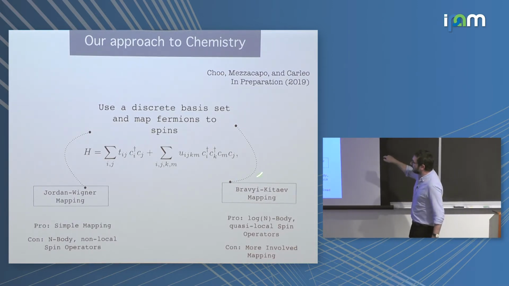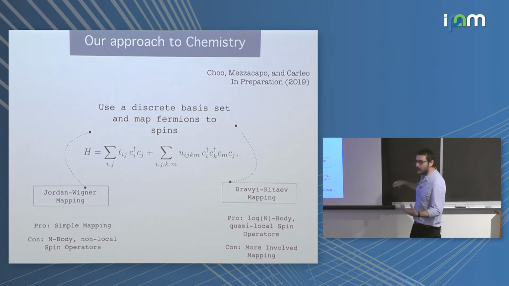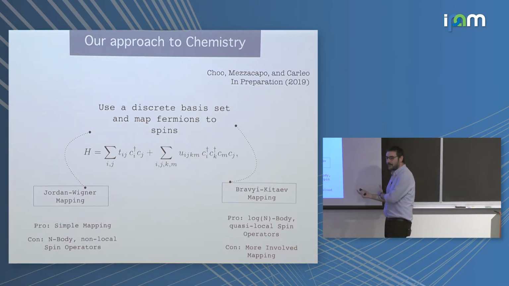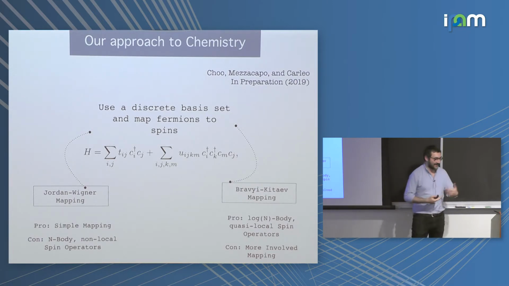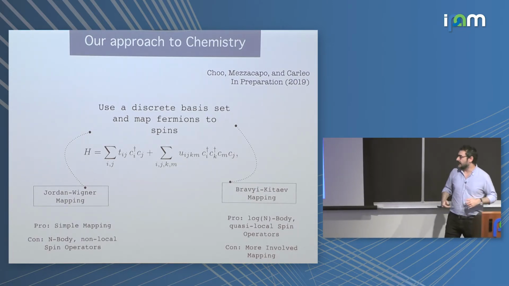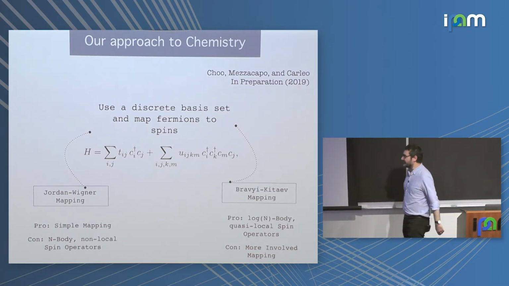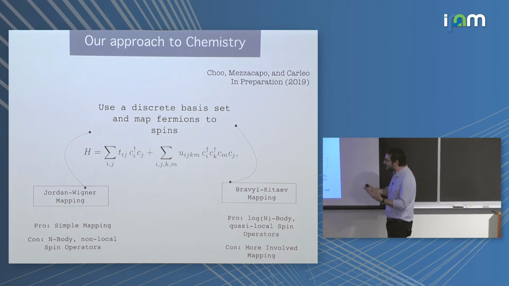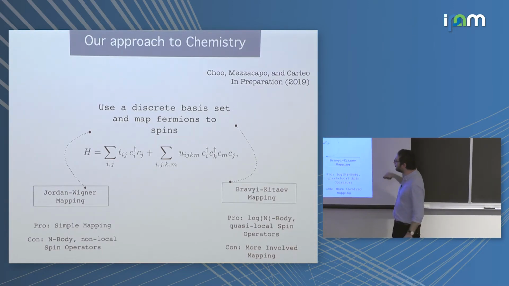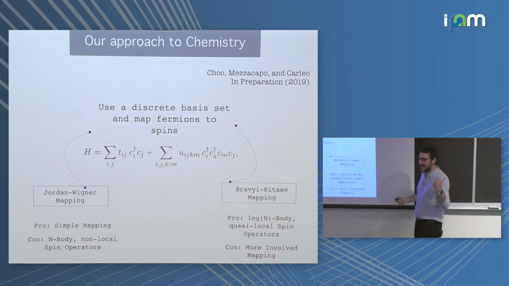And then once we have a fermionic Hamiltonian, here we are working directly in second quantization, so the fact that these are fermions is encoded in the commutation relations of these operators C. And what we do is that we map these fermions onto spin problems, because we like spin problems, and we are getting better and better at solving spin problems, so we want to map these into a standard spin problem.